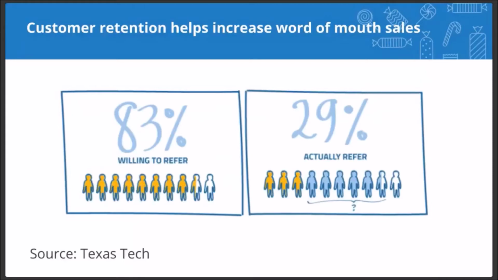So we're counting on just about 30% of your customers actually going out and referring you to their friends and family. So you need to do a lot of not only recommendations in terms of, hey, here's how you can benefit from recommending us to your friends and family, but you need to remind your customers and encourage them to talk to that 30%.